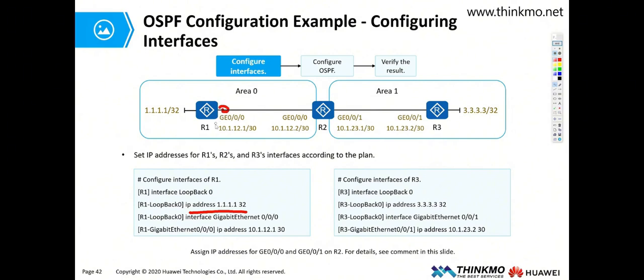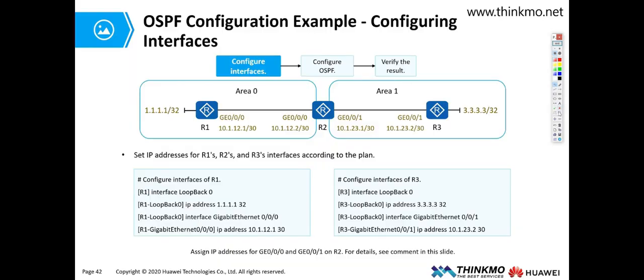Let's configure it: we need to enter interface GigabitEthernet 0/0/0 with IP address 10.1.12.1. Besides this, on our R3, we also need to enter interface LoopBack 0 and configure the IP address 3.3.3.3. Besides this, we also need to configure our physical interface GigabitEthernet 0/0/1 with IP address 10.1.23.2. We will configure it as well.